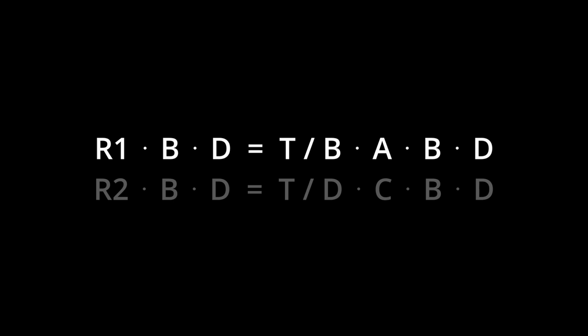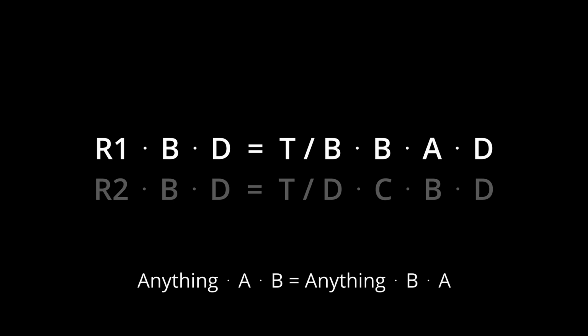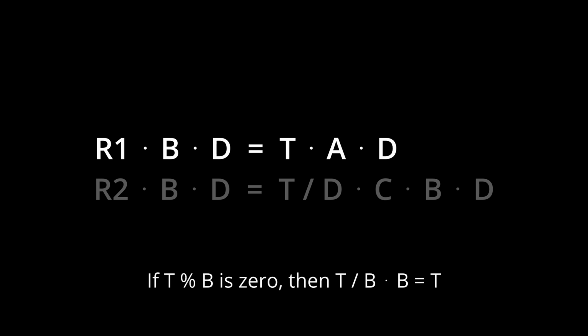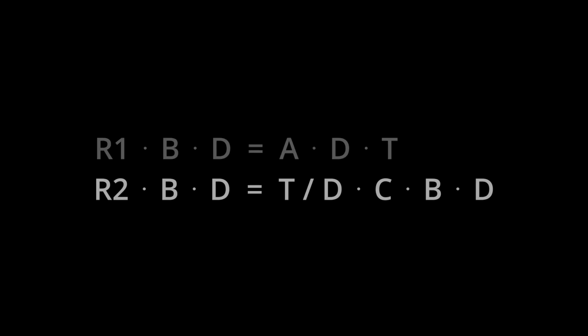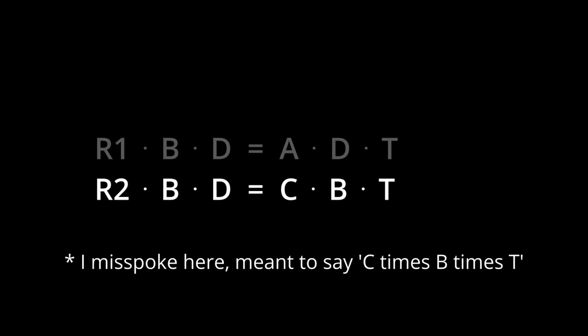T divided by b times a times b times d should be equal to t divided by b times a times d, which is just t times a times d, and should in turn be equal to a times d times t. Likewise, this number times b times d should end up being equal to b times d times t.